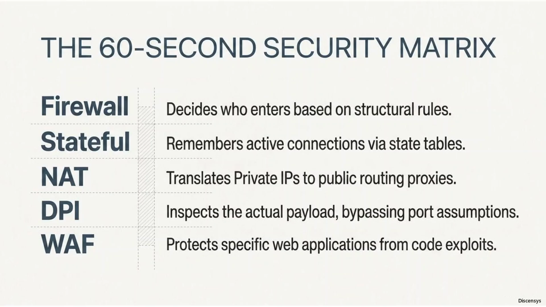So the firewall decides who enters based on structural rules, and stateful remembers active connections via state tables, and NAT translates private IPs to public routing proxies, and DPI inspects the actual payload bypassing port assumptions, and lastly WAF protects specific web applications from code exploits.